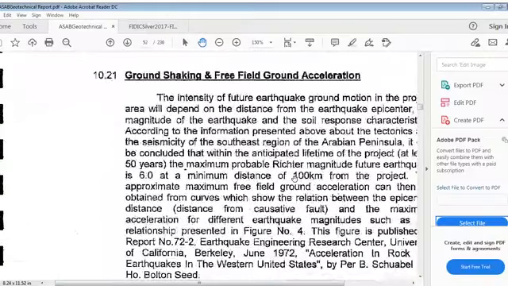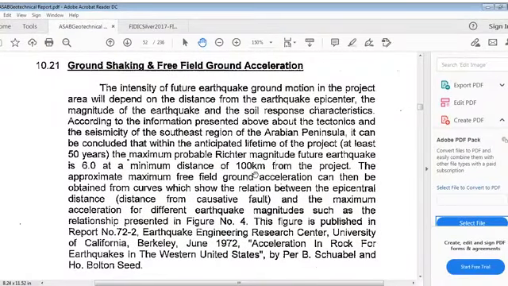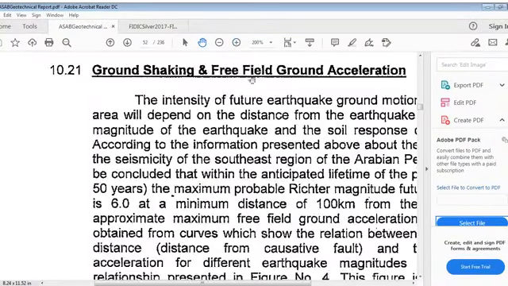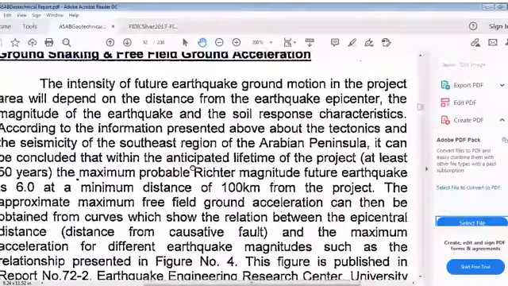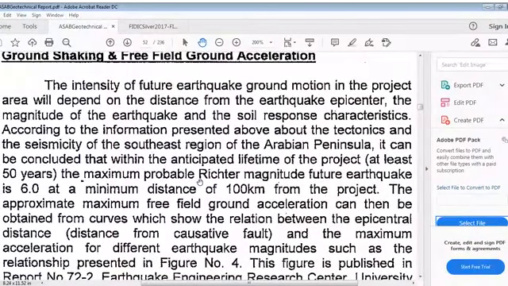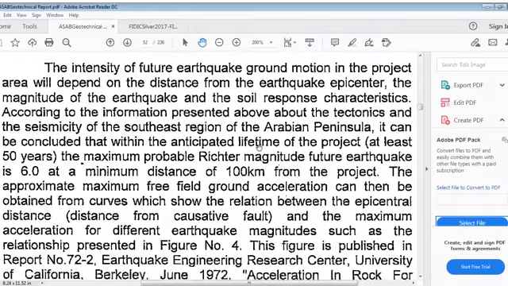Now this is ground shaking and free field ground acceleration. The intensity of future earthquake ground motion in the project area will depend on distance from the earthquake epicenter, magnitude of the earthquake and soil response characteristics.